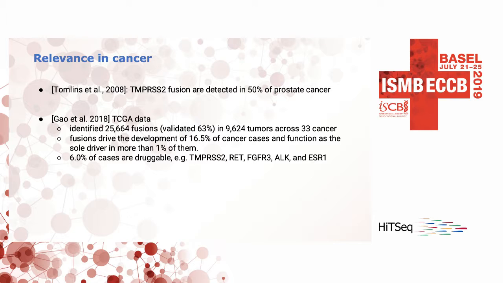As fusion is identified to be prevalent in this data set, this group identified over 25,000 fusion events in over 9,000 tumors across 33 cancer types. Importantly, fusion could be a driver event. It drives about 16% of the cancer cases, and in 1% of them it's a solo driver event.